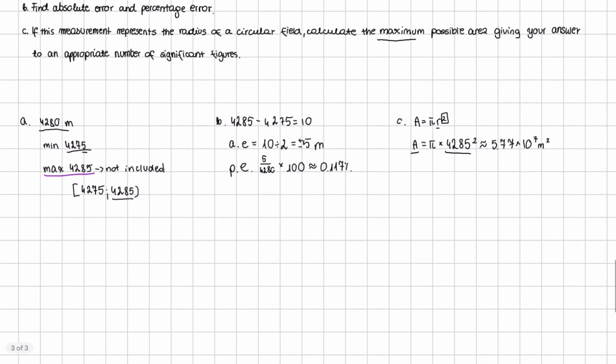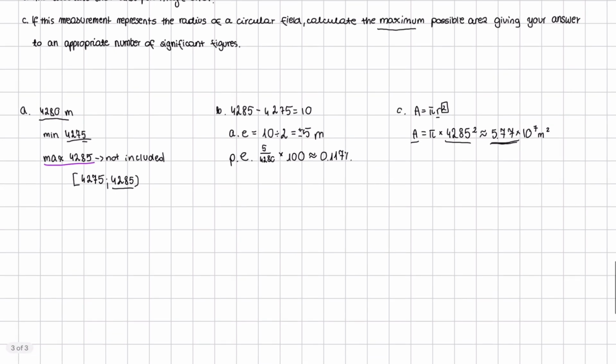This is because we have to give our answer to an appropriate number of significant figures, and in your final exams, an appropriate number of significant figures is always 3. In this notation, we have these 3 significant numbers, so we have to round it like this.